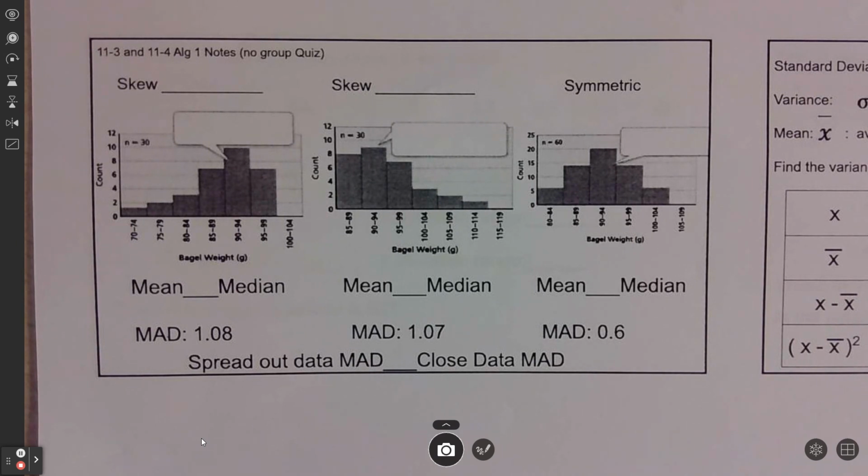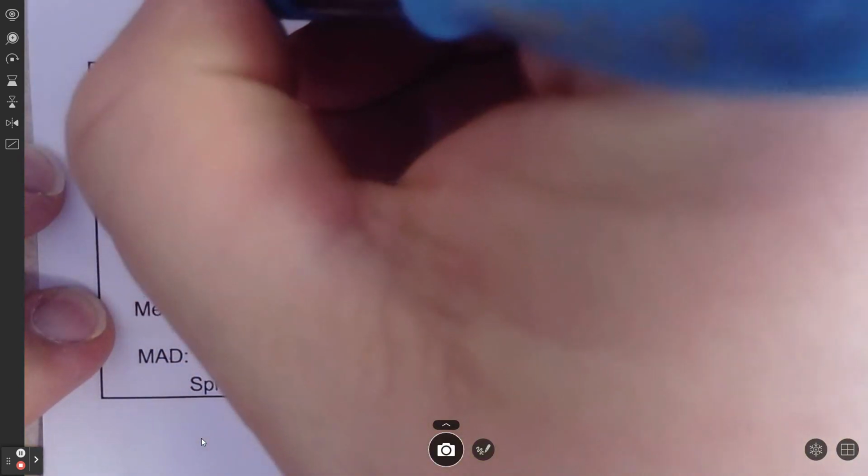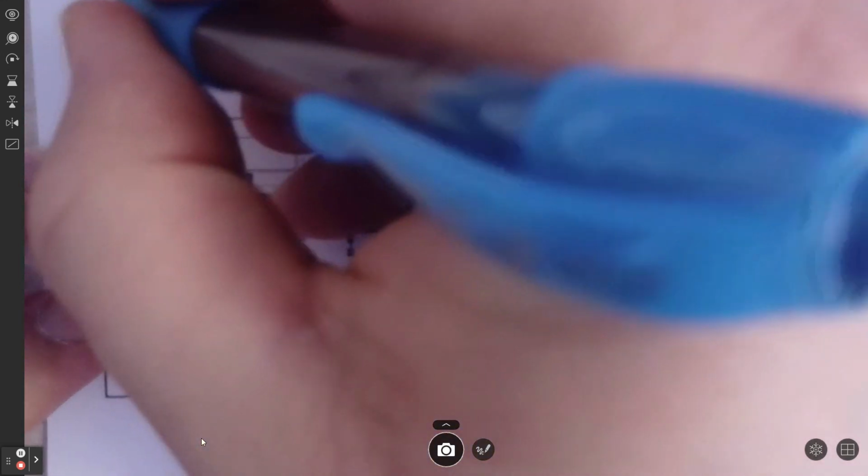All right. So skew. I think we talked about skew before, where we talked about outliers, right? What do outliers do to data? Pulls it up or down, right? So I want to talk about skew real quick without a picture.